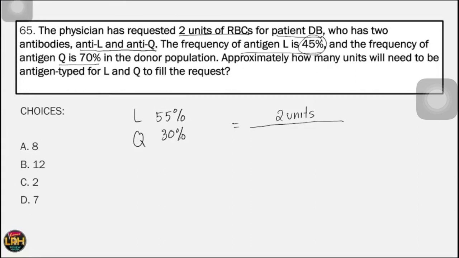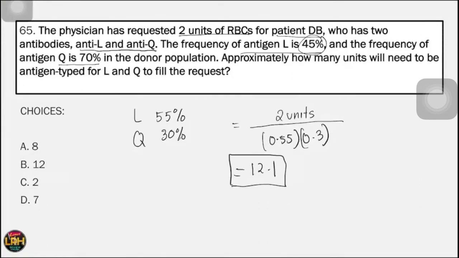Using these values, we can now compute the number of units to be screened: 2 units divided by 0.55 times 0.3, and the value is 12.1.